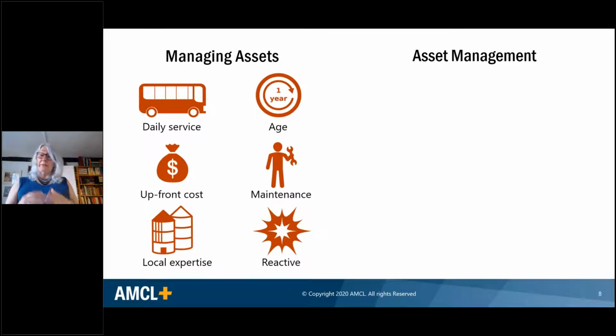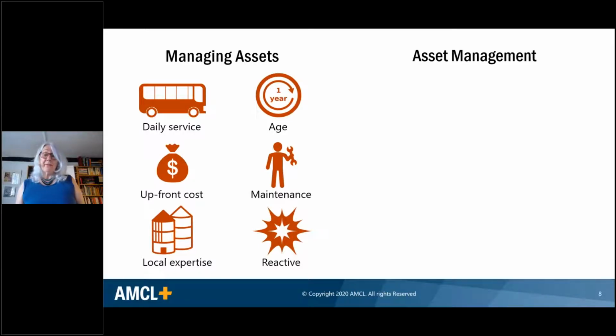And a lot of people, not everybody, have got something more structured than just running the assets till they fail and then doing something about it, particularly using age: as our assets age and wear out, we have more systematic ways of saying, okay, they're wearing out, we need to replace them. So we don't just wait until they fail.